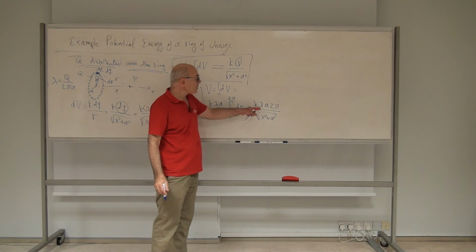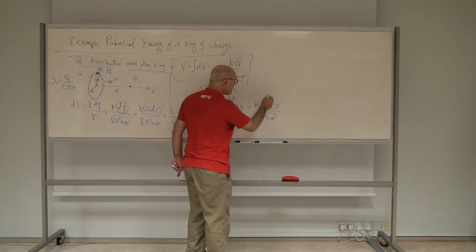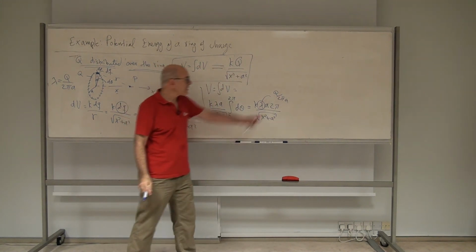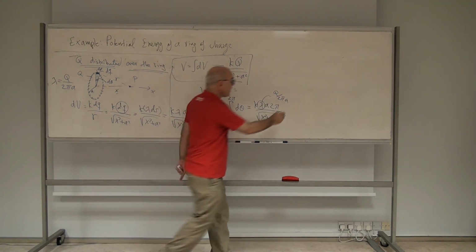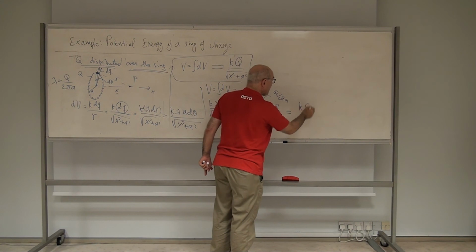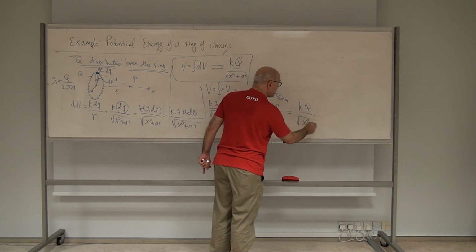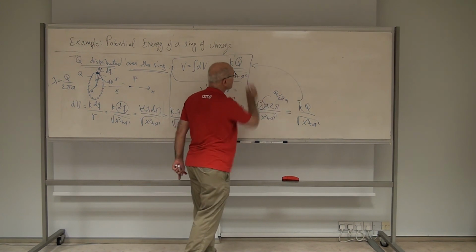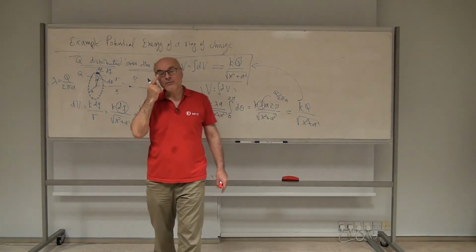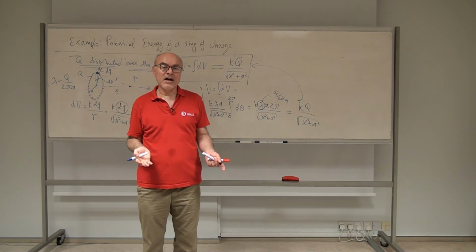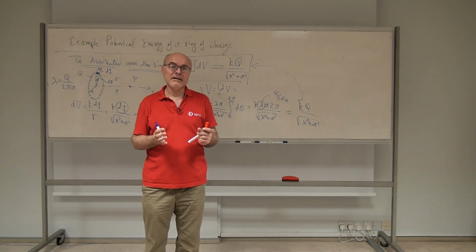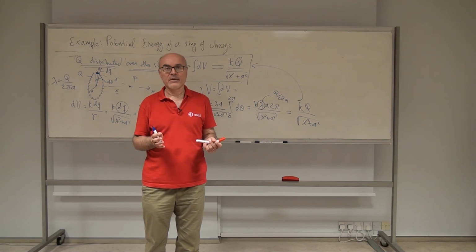Now, substitute for lambda, q over 2 pi a, and this will cancel this 2 pi a, and so this becomes kq over the square root of x squared plus a squared, which is just the expression that we derived before without doing any integration, by just using the ring symmetry.